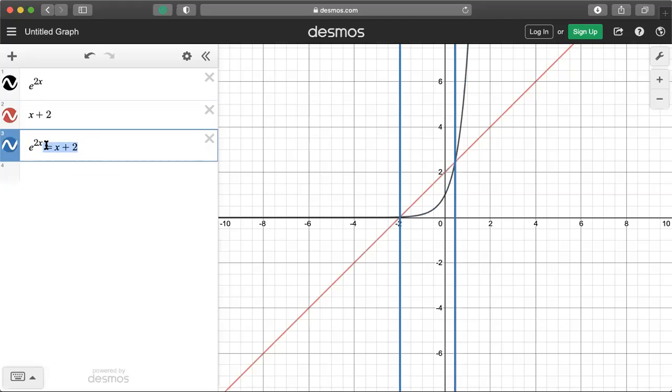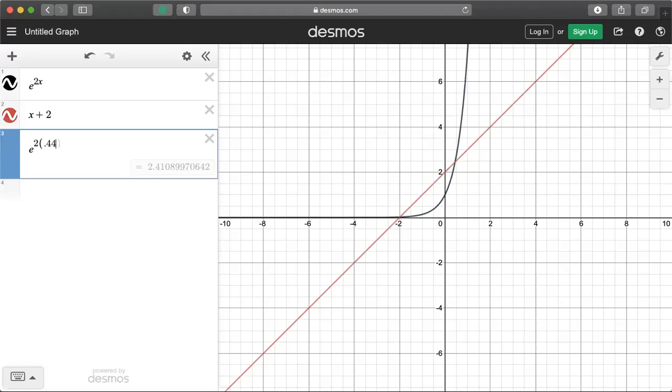So I'm going to start with e to the 2x. When we plug in that first number, let's start with 0.448, we get 2.4497, which is exactly what we got for the y coordinate. That is the y coordinate here, 2.448 is rounded. And then if we plug that into x plus 2, so 0.448 plus 2.